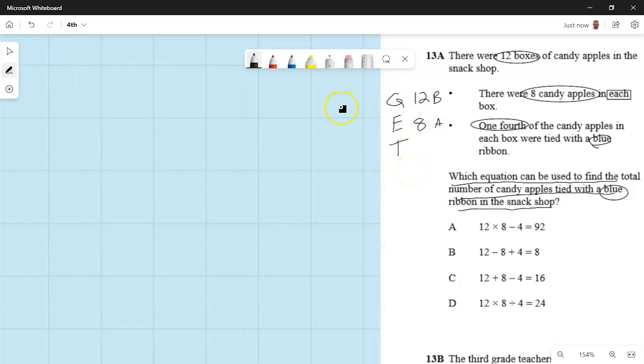I'll just draw a picture of what it's going to look like really quick. We can do the 12 boxes. I'll draw straight lines. I think that's 6 boxes: 1, 2, 3, 4, 5, 6. Take it up here and take it over.